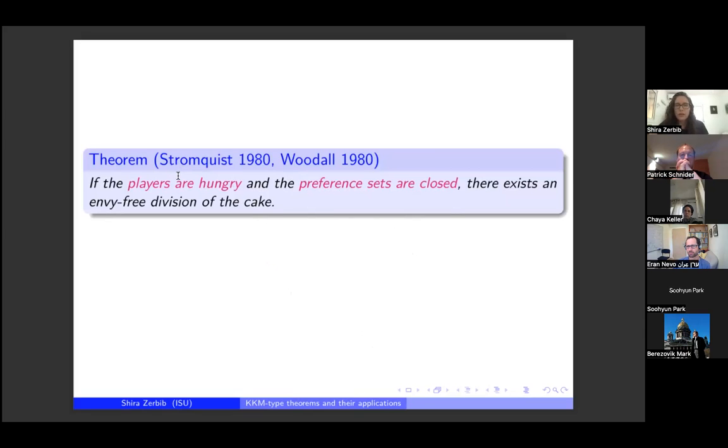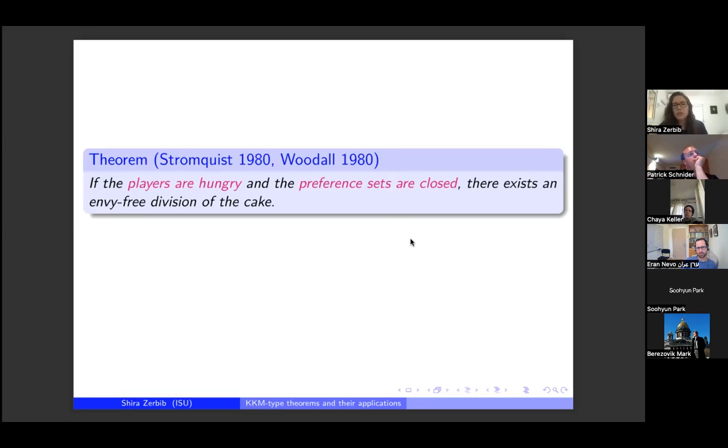So what do these two conditions mean? The first one means that in every partition of the cake, the players want a non-empty piece, a positive length piece, because they are hungry, so they don't want to eat nothing.